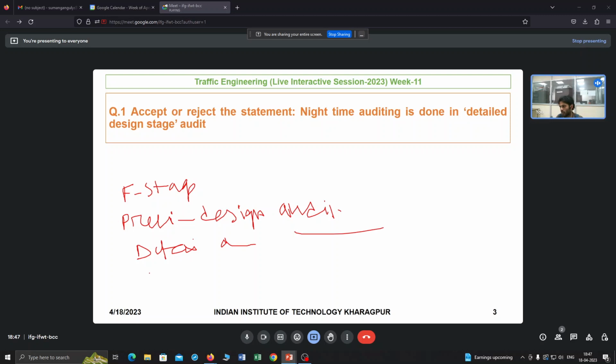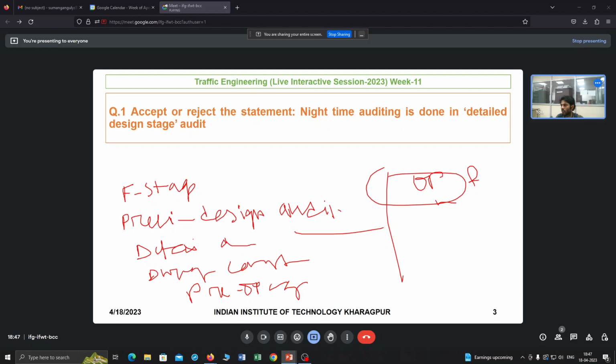And then during construction, reopening, and then operations and maintenance, normal after opening. So nighttime auditing has to be done in detailed design. So you have detailed design, you do not have yet the road that is built, right?